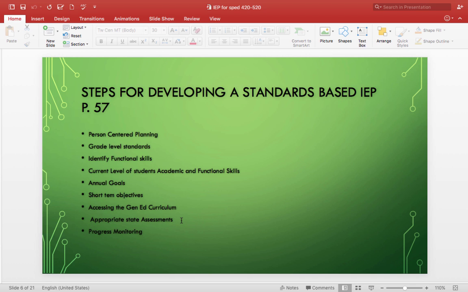Progress monitoring. There are a lot of different ways to do this. One of the things that I would highly suggest, especially for students who have a variety of related service providers, is that each provider, of course, is going to have their own service page. And on that service page, they need to write down how many times in the month they are going to be seeing Steve.